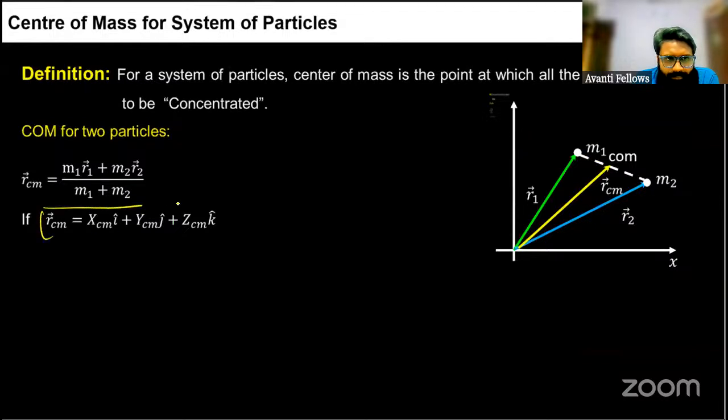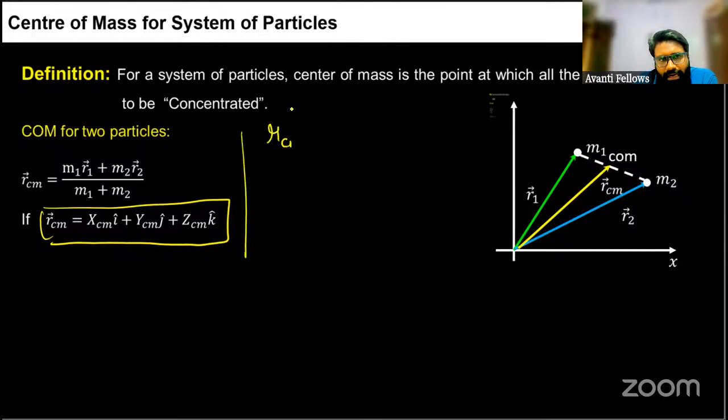Similarly, we can write the position vector RCM vector as XCM i cap, YCM j cap, ZCM k cap. Which means देखो RCM, R vector क्या है? पोजिशन वेक्टर है. R vector को we can always write as X i cap, Y j cap, Z k cap. ऐसे ही तो लिखते हैं शुरुआत से.